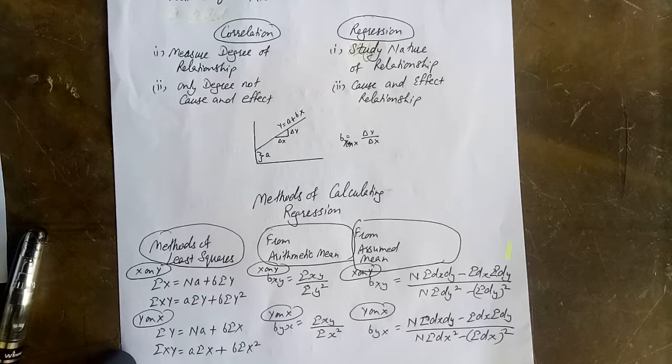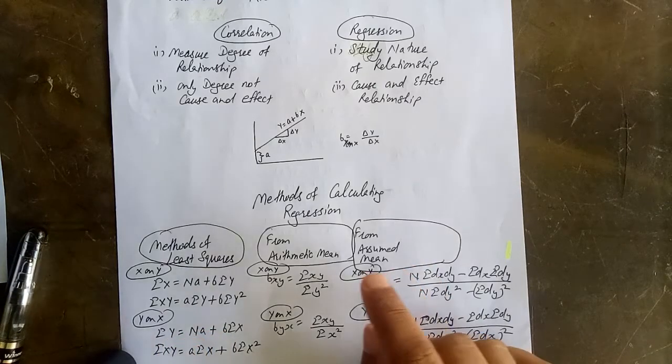In the method of least squares, which will be discussed first, x on y will have this formula: sigma x is equal to na plus b sigma y, and the second equation, sigma xy is equal to a sigma y plus b sigma y square, and so on.